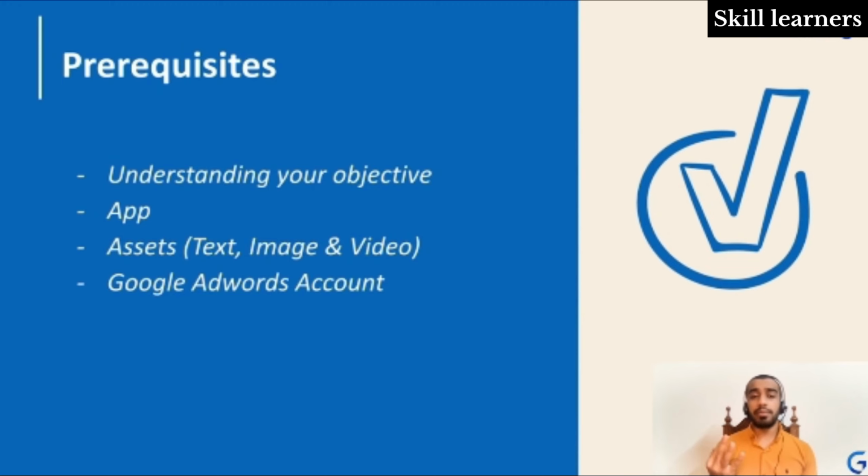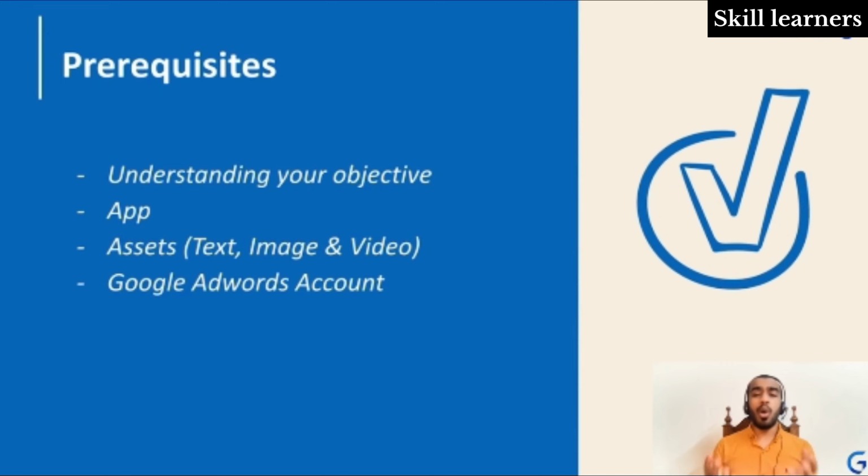The third requirement is the assets itself. So you would need text, image, and video. All these three are required to actually launch a Google App Campaign. Like I mentioned, these are going to be on Google Search Network, where you will be using text ads, Google Display Network, where image ads will be used, and YouTube, where video assets will be used.